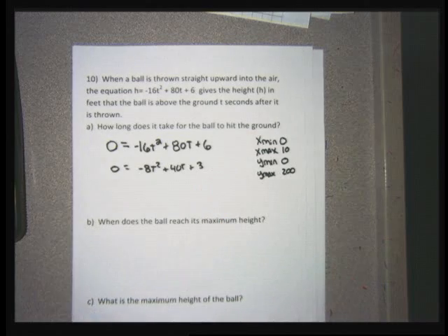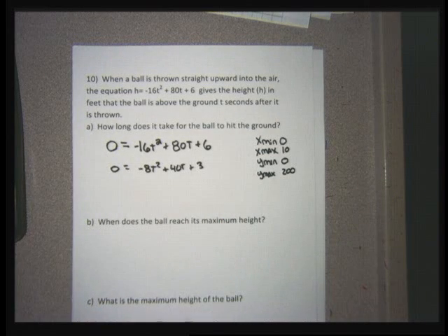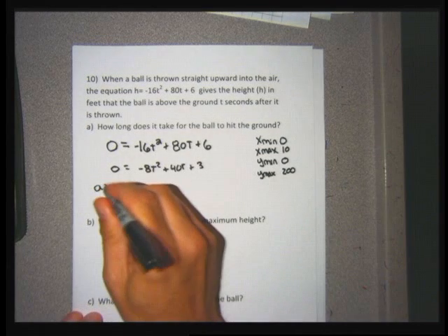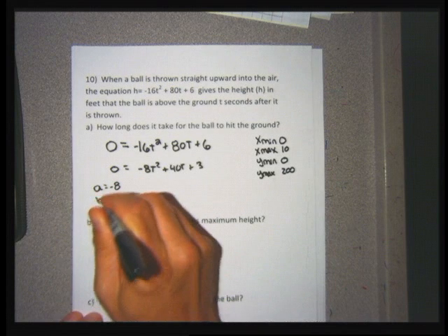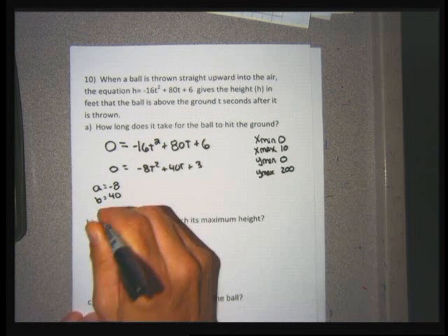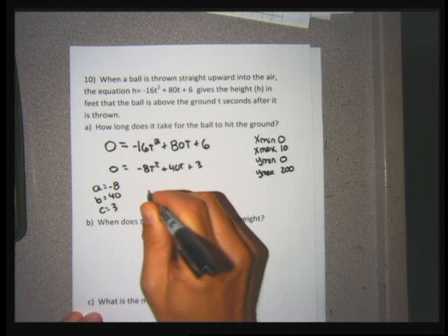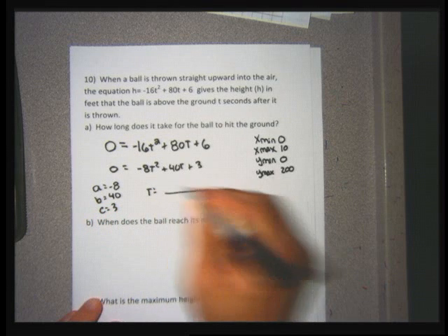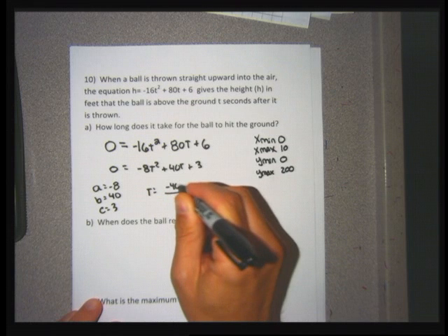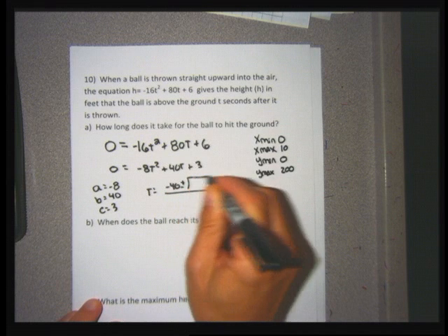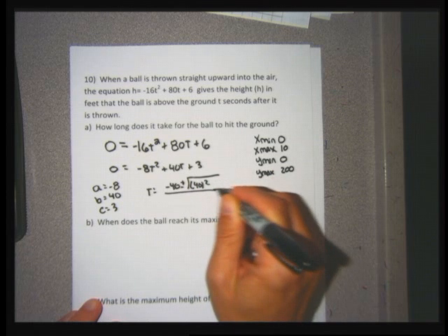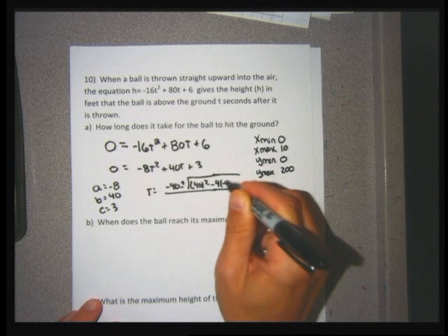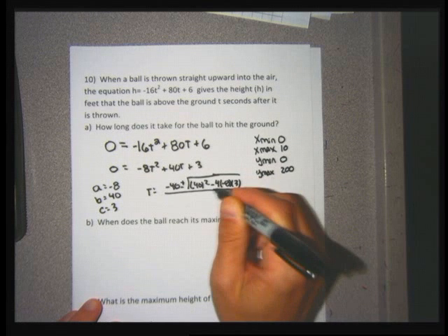I can't factor that, so I'm going to use the quadratic formula. I make a equal to negative 8, b equal to 40, c equal to 3. t equals negative b, which is negative 40, plus or minus the square root of b squared, which is 40 squared, minus 4ac, which is 4 times negative 8 times 3, all over 2a.